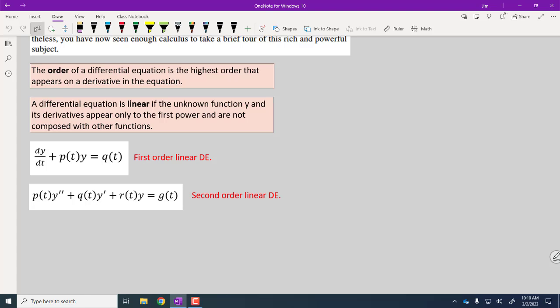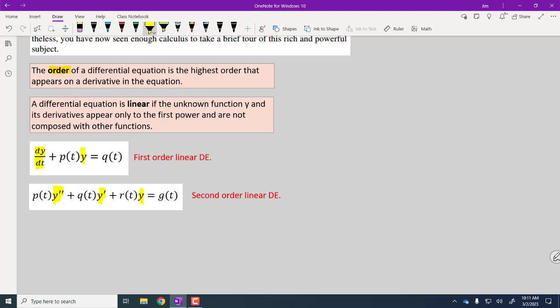So with the differential equation, the first thing we do is talk about the order. And the order is just the highest derivative that appears. So when we look at this differential equation here, there's just a first order derivative. So that's a first order differential equation. When we look at this differential equation, we have a second derivative and a first derivative, and a zeroth derivative, if you will.